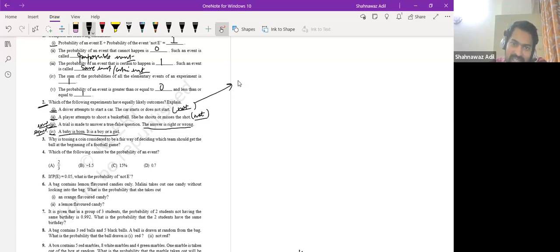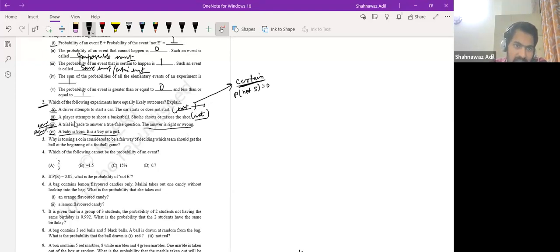As Tejasvi sir was saying, this is a certain event in the context of the NCERT answer. We are assuming that everything is working fine in the car, so it will surely start, right? That is why it is not equally likely. The probability of not starting is zero, so this is not an equally likely event.